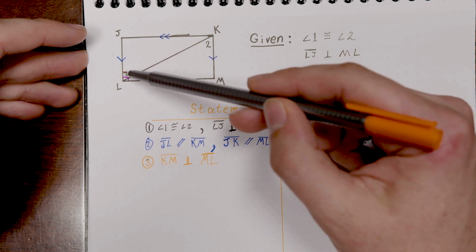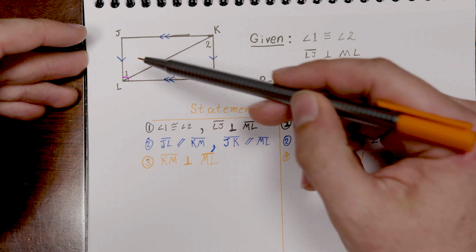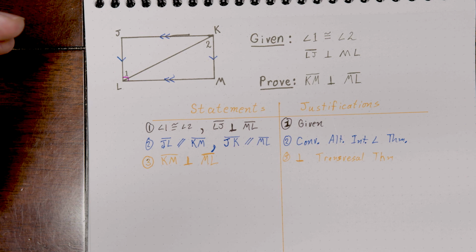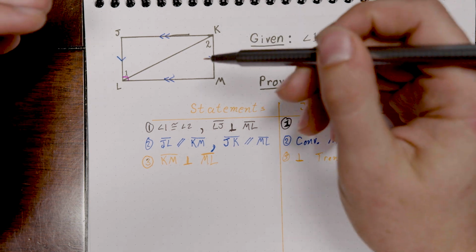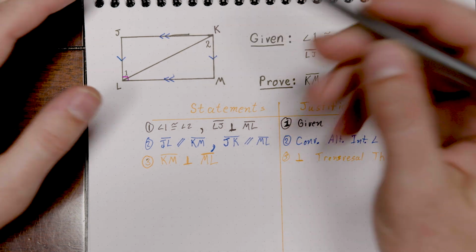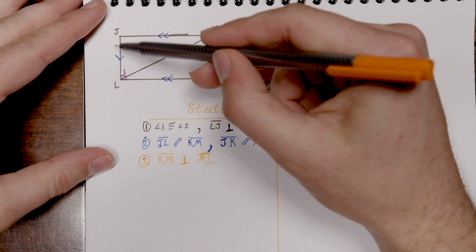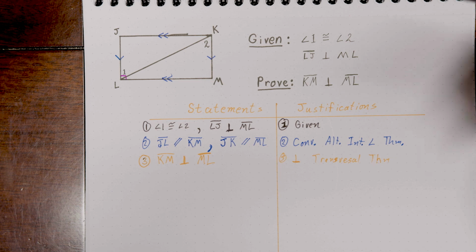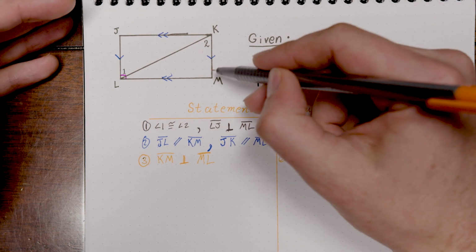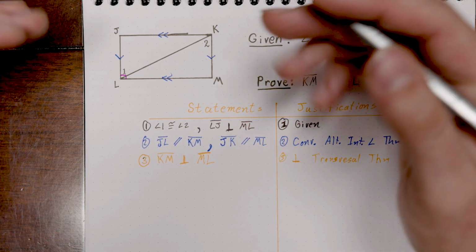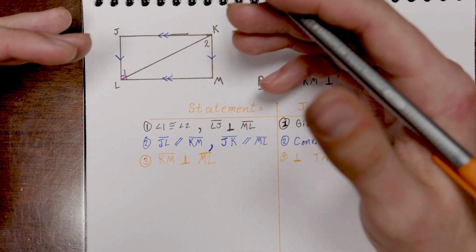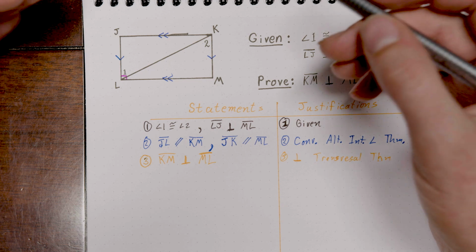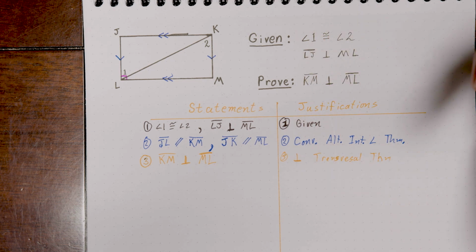I need to look up the specific words, because they're escaping me. But basically, it says that if I have parallel lines cut by a transversal, and the transversal is perpendicular to one of them, then we also know it is perpendicular to the other. Pretty straightforward, easy peasy.